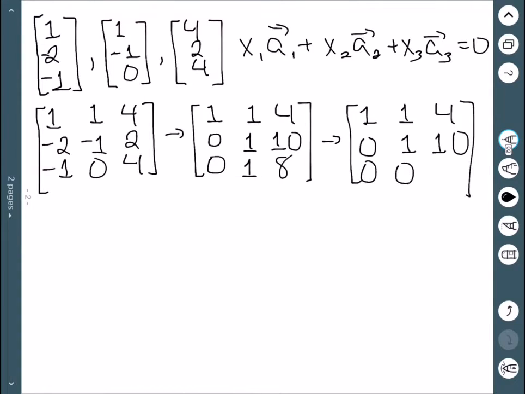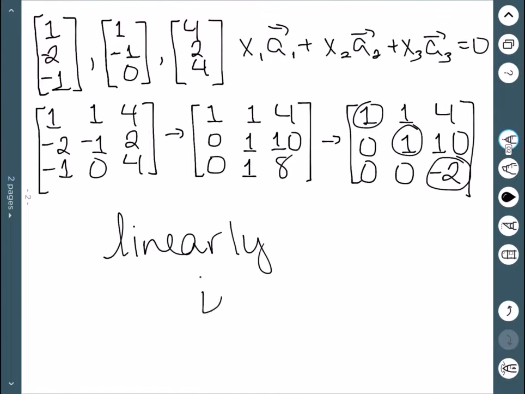I can do this by adding row 2 to row 3: 0 plus 0 is 0, -1 plus 1 is 0, and -10 plus 8 is -2. And now I can see the pivot in all three rows and columns. Therefore, this has only the trivial solution, since I only have one solution. So these vectors are linearly independent.